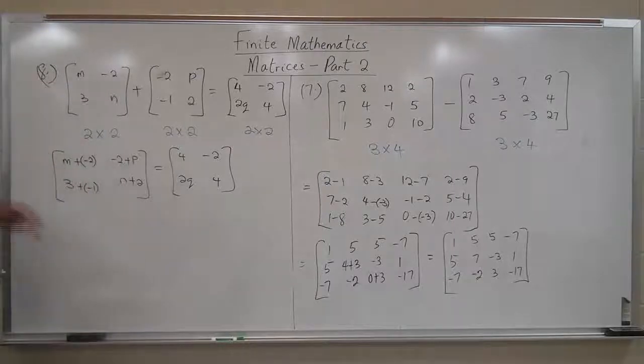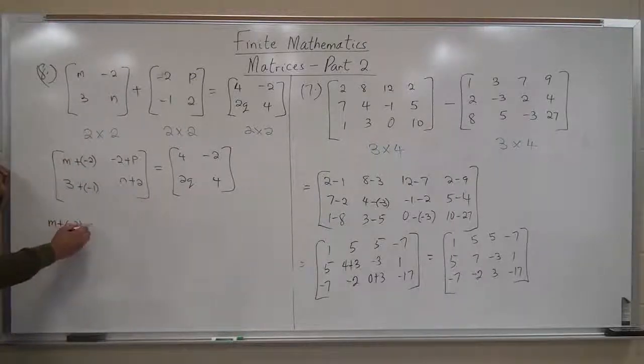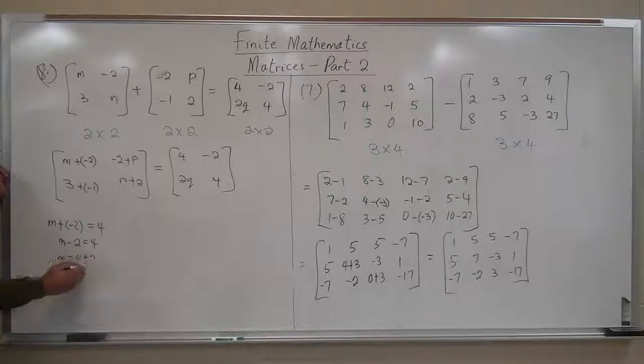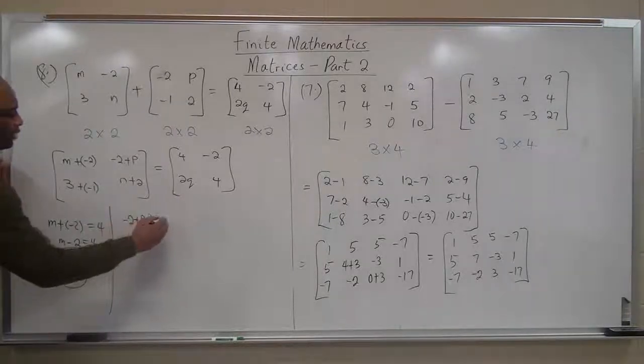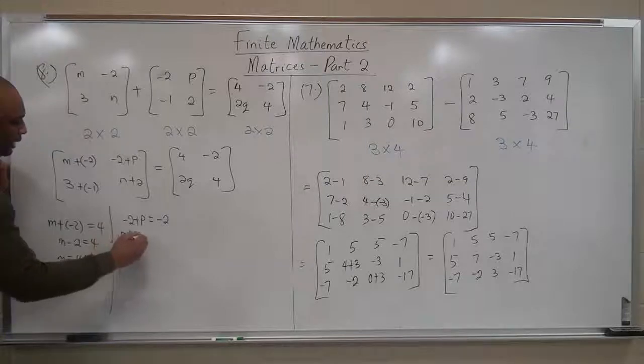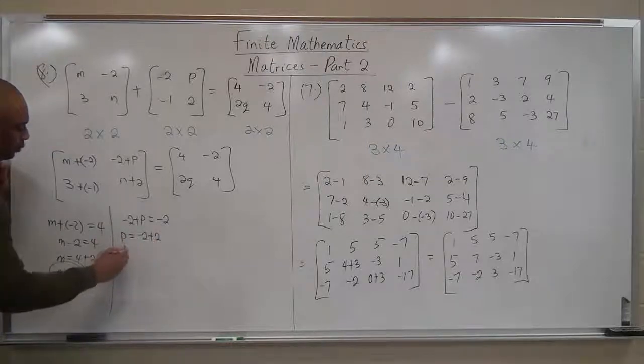So m plus minus 2 is equal to 4. So m minus 2 is equal to 4. m will be 4 plus 2, and m will be equal to 6. That is taken care of. Next one, negative 2 plus p is equal to negative 2. So p will be negative 2 plus 2. p will be 0.